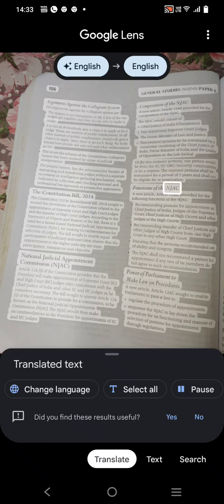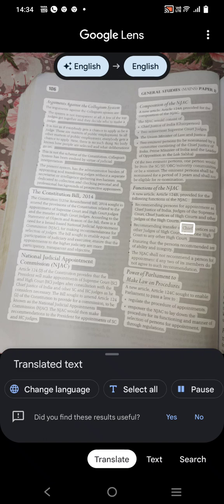Functions of the NJAC. A new article, Article 124B, provided for the following functions of the NJAC. Recommending persons for appointment as Chief Justice of India, Judges of the Supreme Court, Chief Justices of High Courts and other Judges of the High Courts.